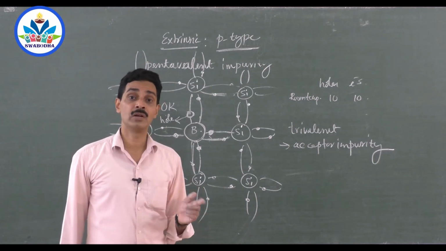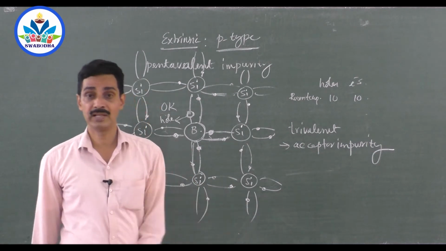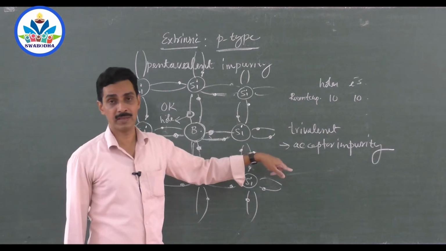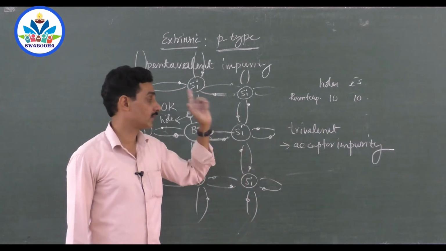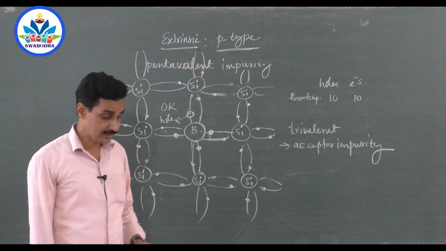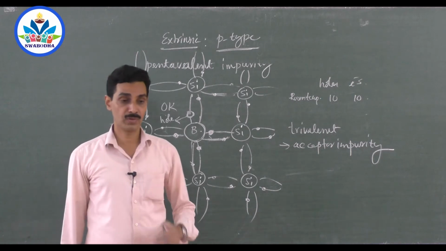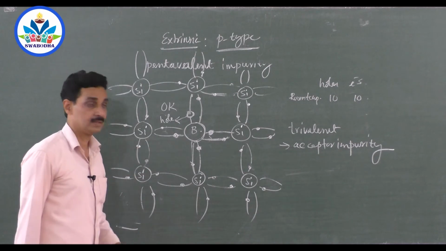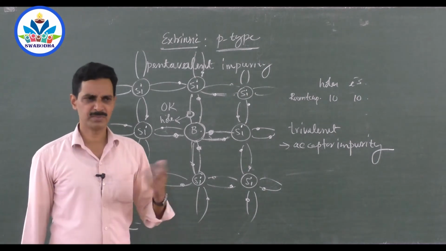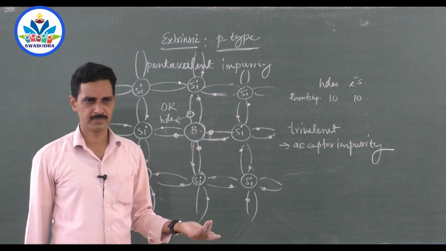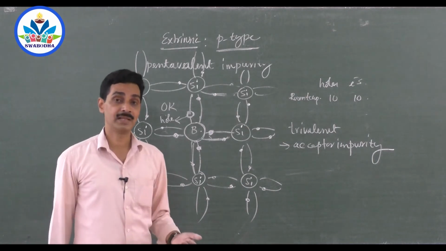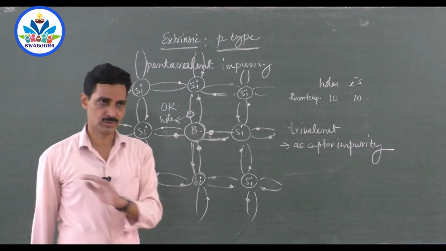Pentavalent impurity is called donor impurity because it can donate 1 electron free. So addition of acceptor impurity creates more and more holes, and now you get P-type semiconductor, because positive types of charge carriers are more, that's all. It is not positively charged. P-type semiconductor is also neutral.